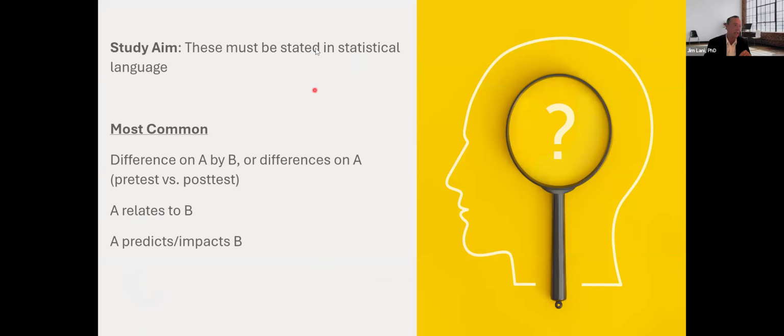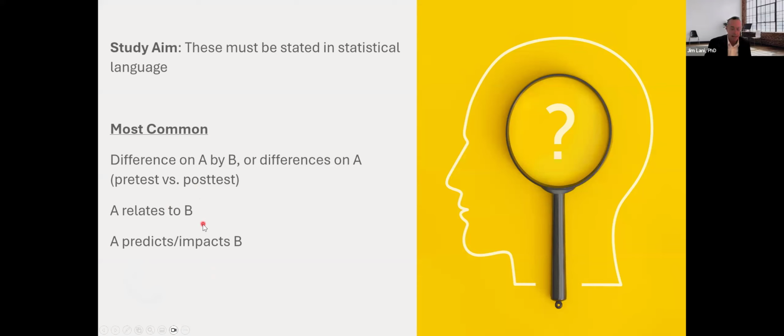What do I mean by statistical language? By the way, I'm not sure that it's quite appropriate to say statistical language, but what I'm talking about are words like differences, words like relates to, words like predicts. I'm calling it statistical language because it helps me figure out the kind of test to use. Because if you don't have that, people get very confused.